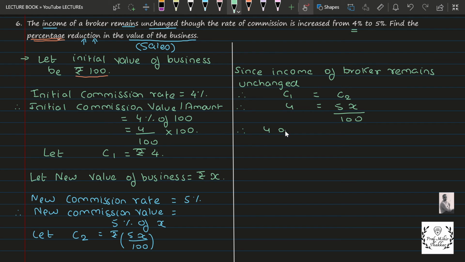So 400 upon 5 is equal to x, and therefore x is equal to rupees 80. See, as I told you, x has to be lesser than 100, which is 80 rupees over here.